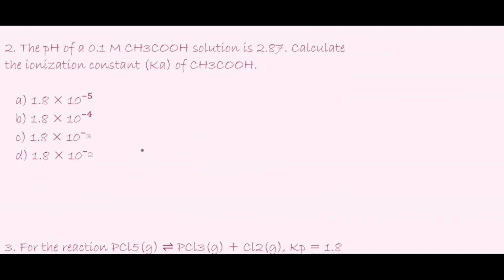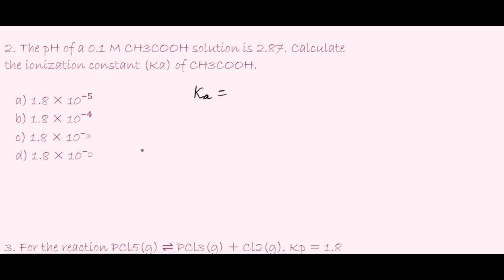Let's move on to the second question. Let's quickly solve. The pH of a 0.1 molar acetic acid solution is 2.87. Calculate the ionization constant Ka of acetic acid. So pH is given, that is 2.87, and they are asking for Ka. For Ka, what is the equation?